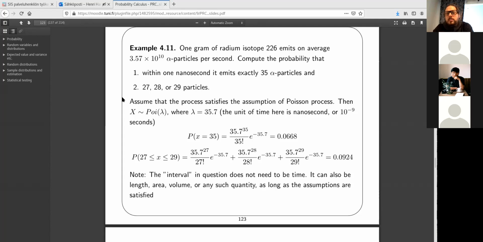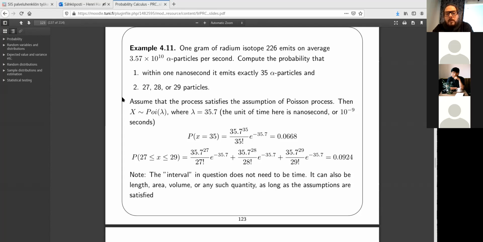We model this as a Poisson process. We can take this time interval to be a nanosecond, which is 10 to the minus 9 seconds. So we can multiply this average by 10 to the minus 9, and we get 35.7. That's the expected number of alpha particles within 1 nanosecond. And we can take the Poisson distribution.